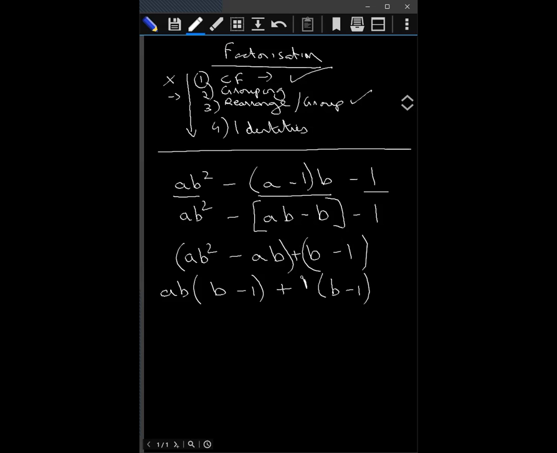Okay, continue. So AB plus 1 multiplied by B minus 1. Right. So usually what we do is we first write the common factor out and then we write the other factor. So the answer would be B minus 1 into AB plus 1. Rajvi, is this clear? Yes, sir.